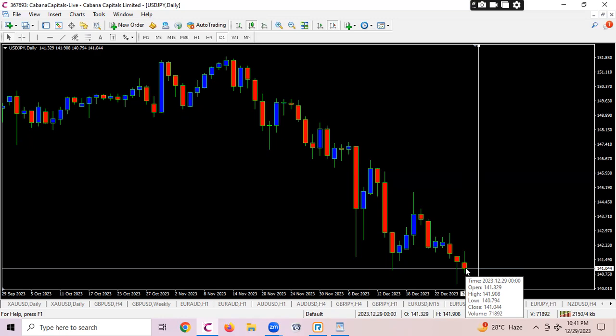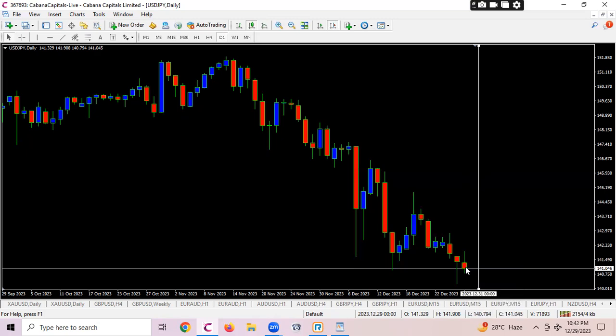Because in these candles, you can see the bodies are bearish. This tells us that we still have sellers in the market. And since we are considering buying, we want to be sure that there are buyers in the market.